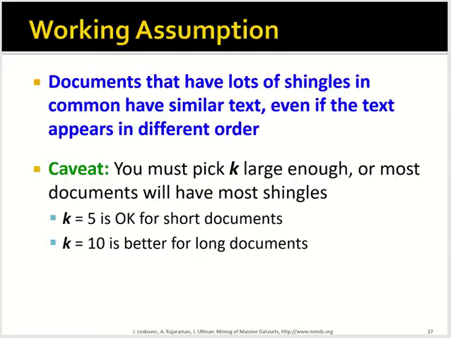The caveat is that k should be large enough, not 1, not 2, so that most documents keep most of their shingles distinct. From experience, k equals 5 is okay for short documents like emails and messages for general communications, as we discussed before.